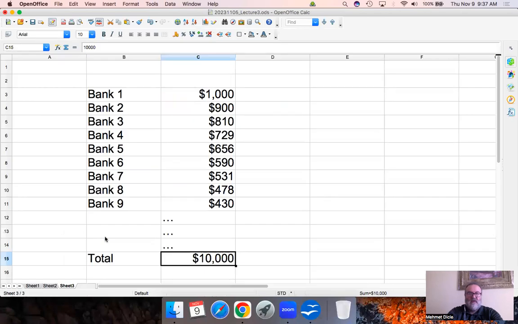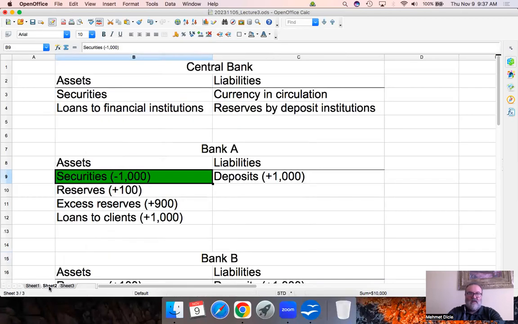So let's see if this actually worked. Let's go back to our spreadsheet. So we said that when the central bank, through the open market operations, bought $1,000 of securities from Bank A, they actually put $1,000 into the reserves.